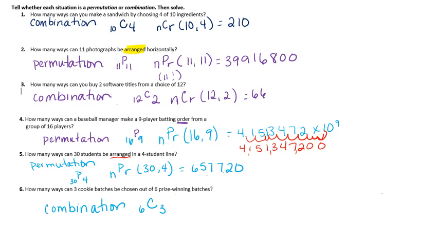When I type that in, I always want to put an equal sign there. I'm going to type in the combination function, 6, taking 3 at a time, and I get that there's 20 different combinations. So again, in a permutation order matters, but this is a combination because it doesn't matter the order that I choose the different cookies.